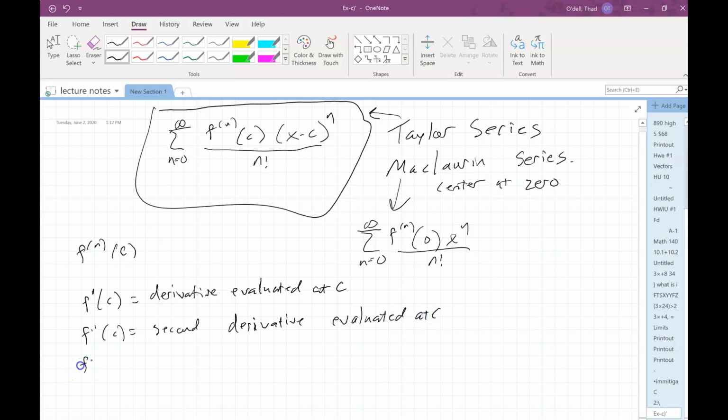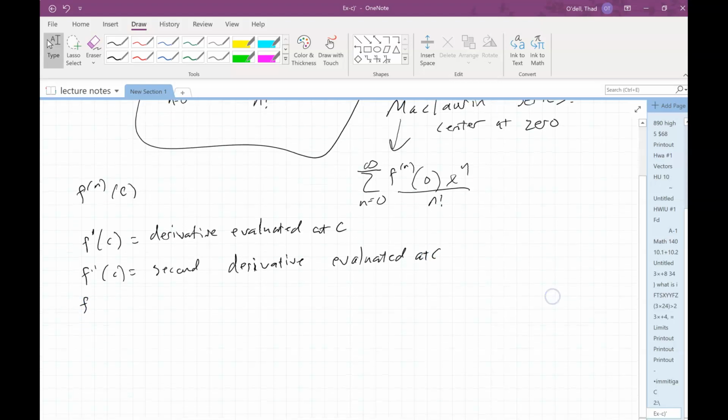It gets confusing if I have to write too many tick marks, because you can't tell what they are. So as we get to the higher order derivatives, we replace the tick marks with just a little number in parentheses. So this would be a third derivative evaluated at c, and this would be a fourth derivative evaluated at c.